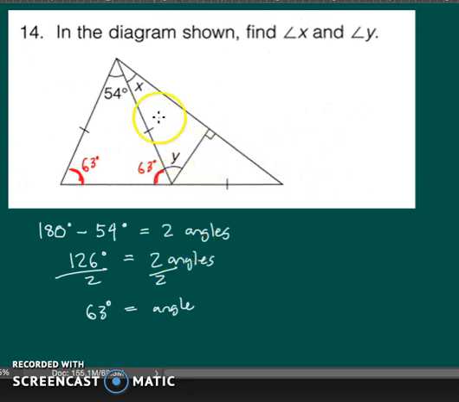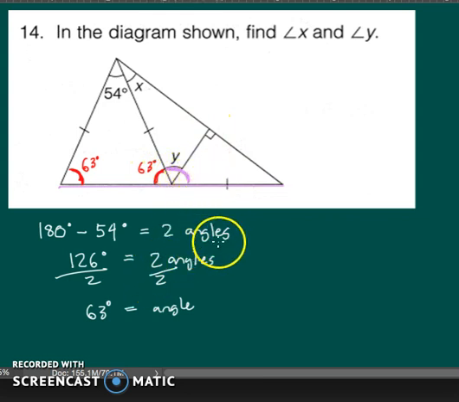Well, there is a rule that says that on a straight line, so let's call this our straight line, if you have an angle that is inside a triangle, the angle that is on the outside of that triangle, so this one here, is worth 180 degrees minus the inside angle.